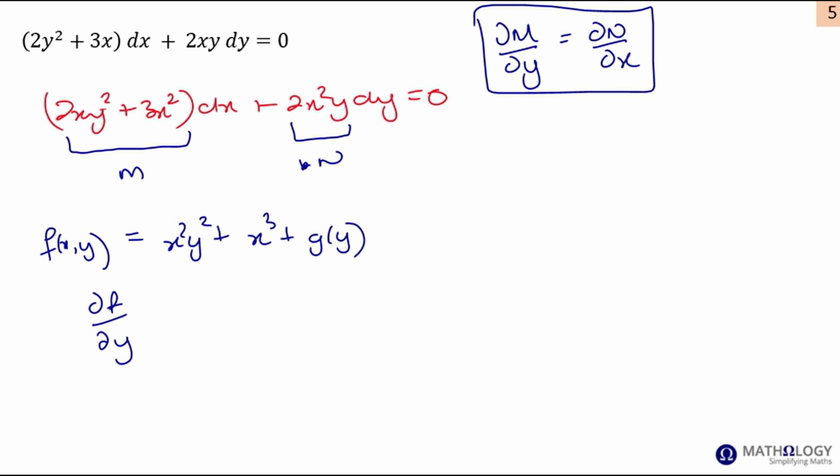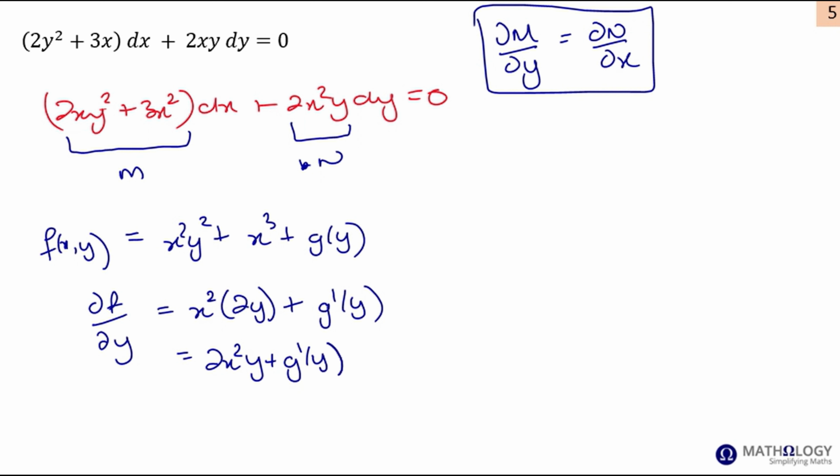So the partial derivative of f with respect to y, x squared is a constant, so we'll pull that out front. The derivative of y squared will be 2y. The derivative of x cubed with respect to y will be 0. And the derivative of g of y will be g prime of y. So that equals, tidying this up, 2x squared y plus g prime of y.